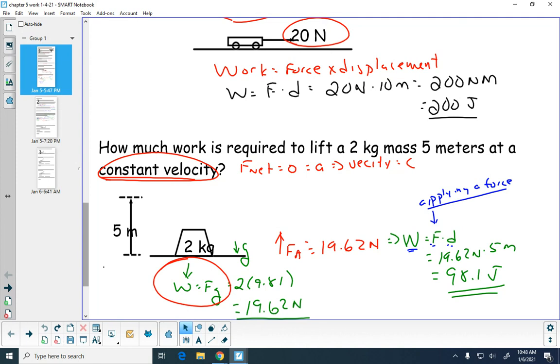My example on Monday was if we just held a book off to the side with no movement or displacement of it with our arm off to the side, no work is being done. Our arm gets tired, but no work is being done because the object is not moving.